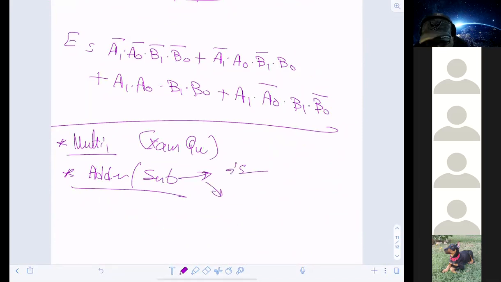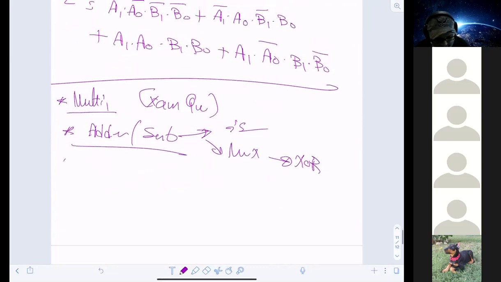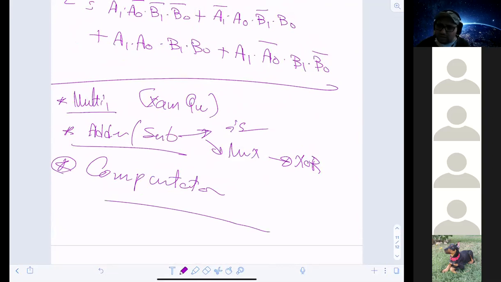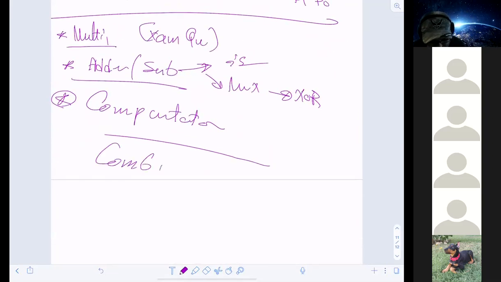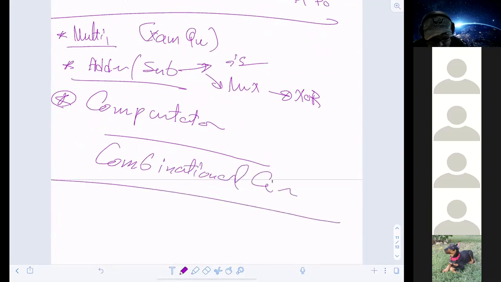And we studied how we can optimize by thinking of a multiplexer going into an XOR. Then we moved the gear into comparators. All of those are under the umbrella of combinational circuits. Any question?